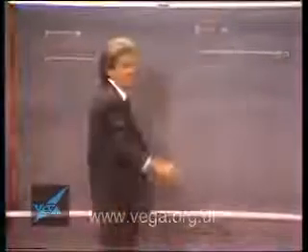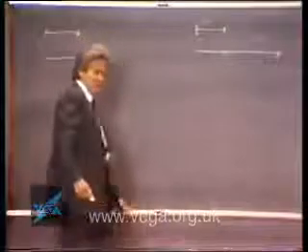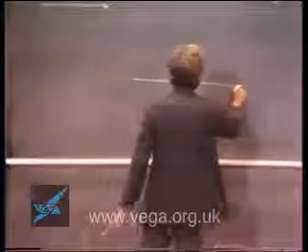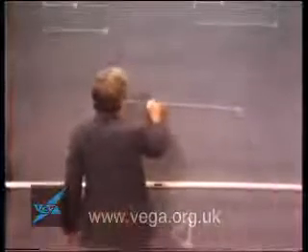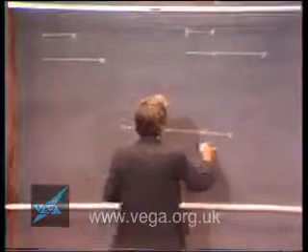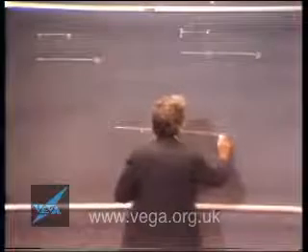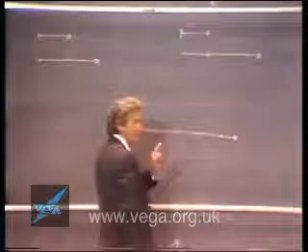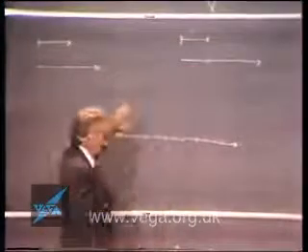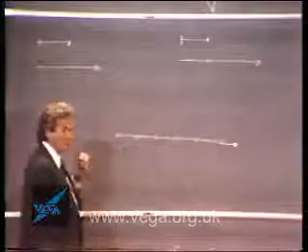Now what's 6? The product of 2 and 3. It's a line also. It sticks way out, and it's got 6 notches. And the way of looking at it is to say that the problem is this. I want to convert 3 to 6. I want to multiply by 2.